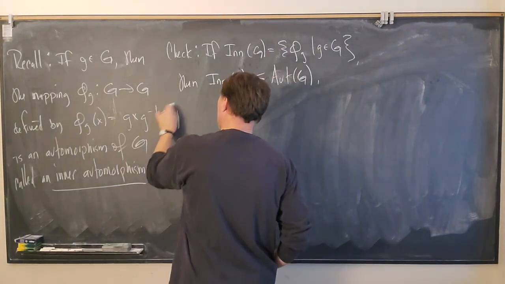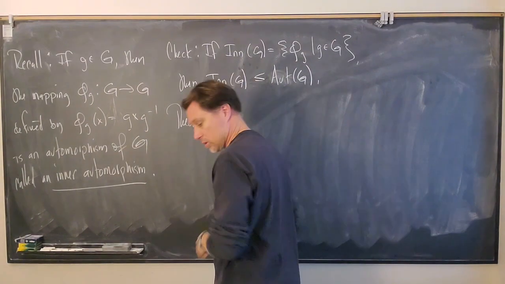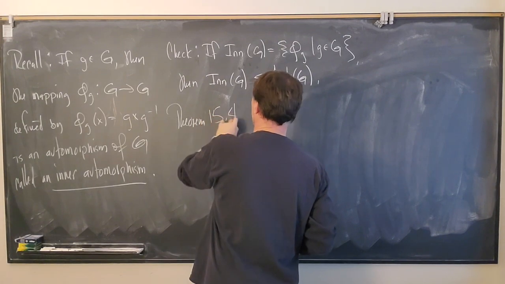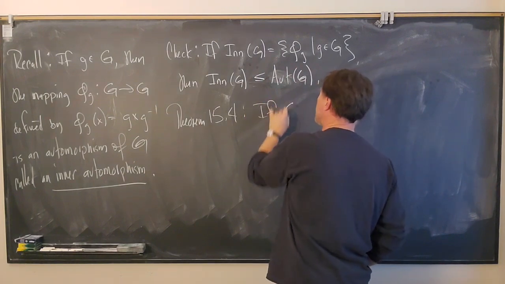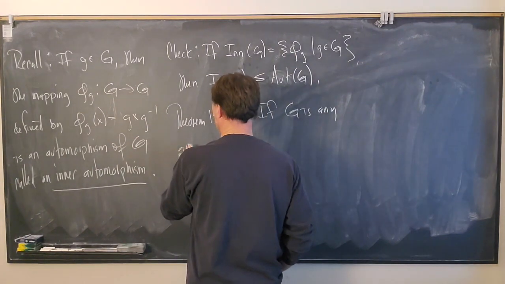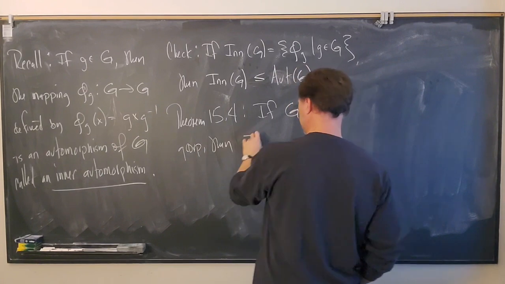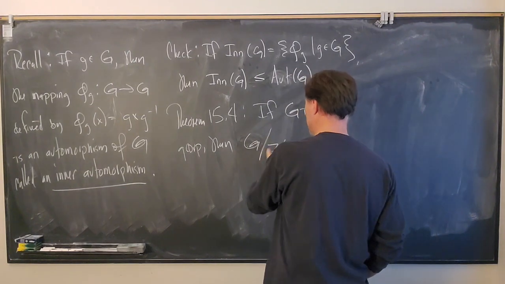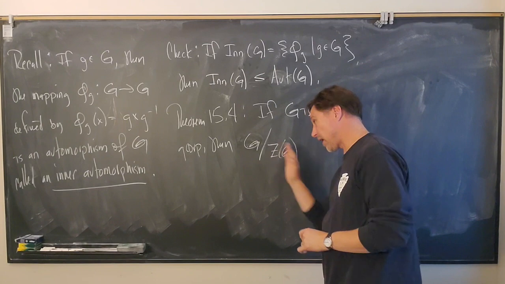And then here's the first theorem we're going to have. This is Theorem 15.4. If G is any group, then G mod the center, that's Z of G. Remember, the center is the set of all elements in capital G that commute with everybody.